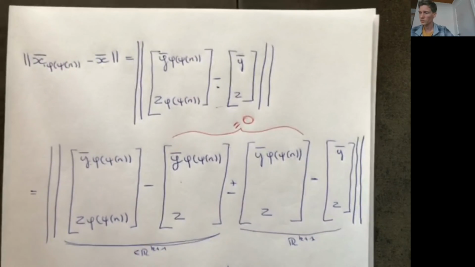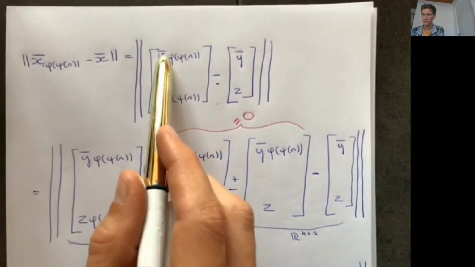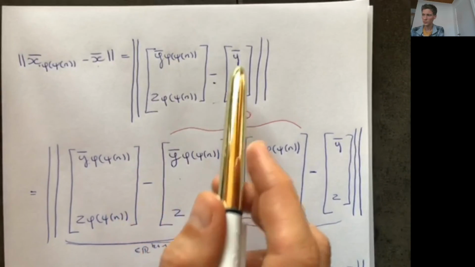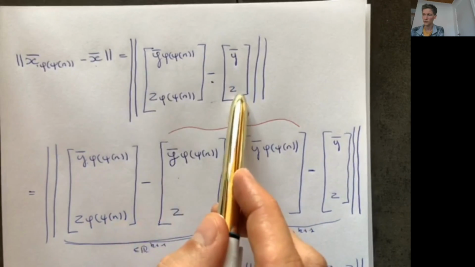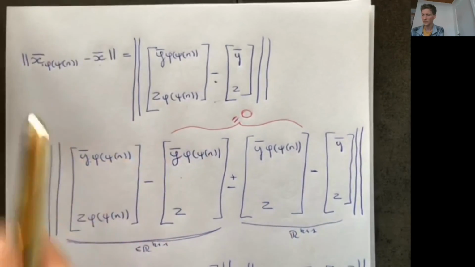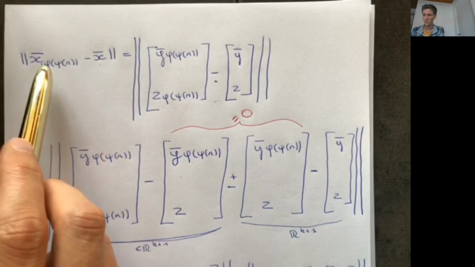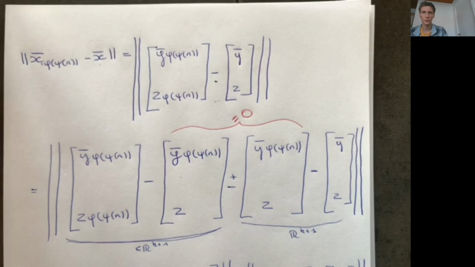And then it's a simple matter of adding and subtracting the same thing to show that if the first part converges to this and the second part converges to this, then this converges to 0. So x phi psi n converges to x, and x phi psi n is obviously a subsequence of the original sequence, which shows the Bolzano-Weierstrass theorem for sequences in Rk. So much for this lecture.